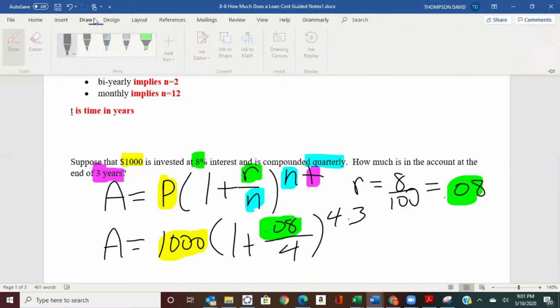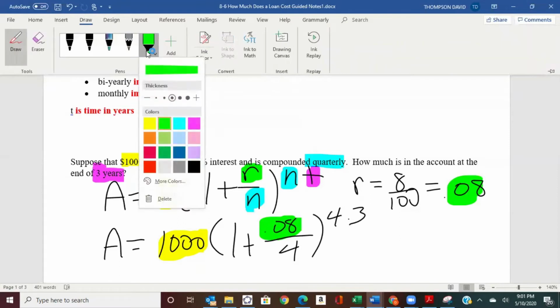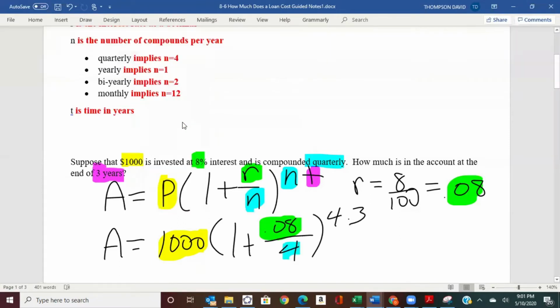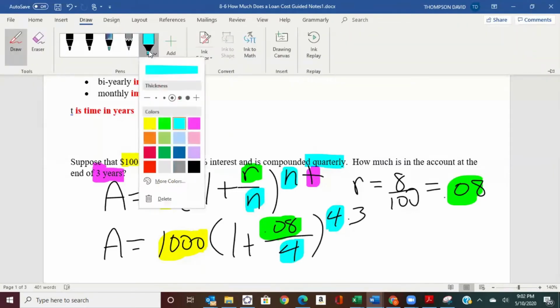So let's be consistent with our coloring. So n is 4, and t is 3.